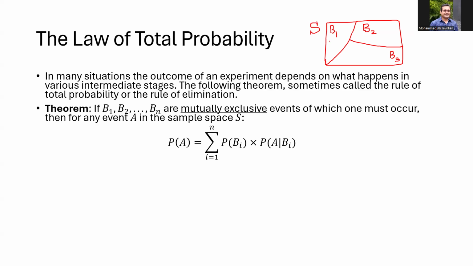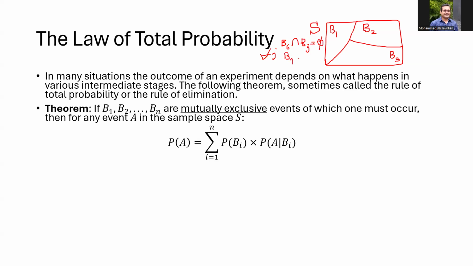So a collection of subspaces that have these three properties is called a partition. So the intersection between any two subspaces, I and J, is empty. For any J, the subspace cannot be empty.